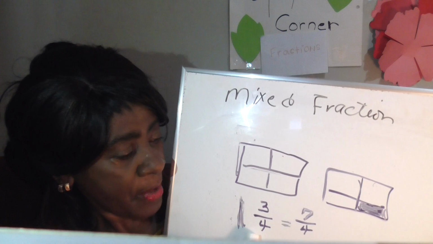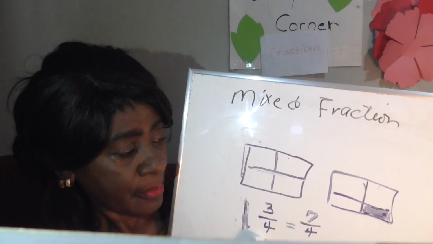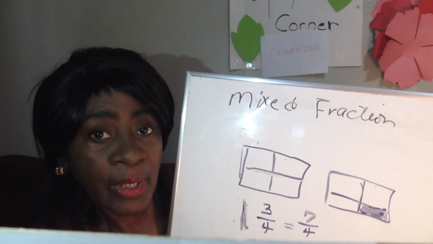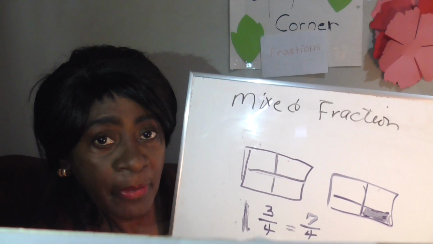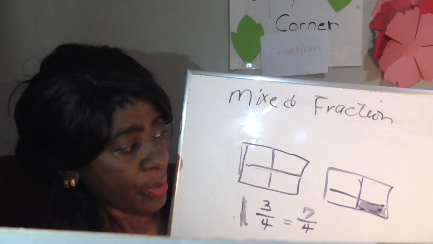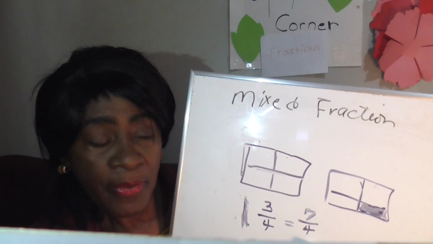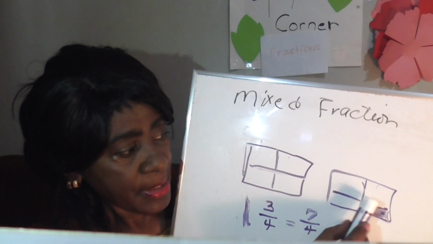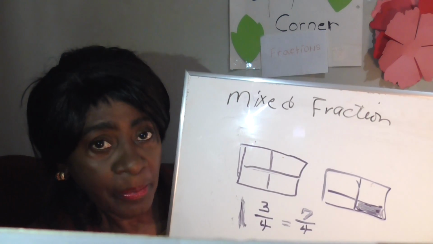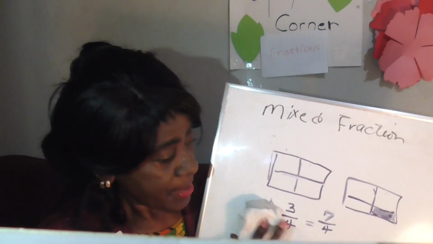We changed the mixed fraction into an improper fraction. They both have the same value. 1 and 3/4, 1 whole square and 3/4, or 7/4. 1, 2, 3, 4, 5, 6, 7 are not colored purple. Let's illustrate again.